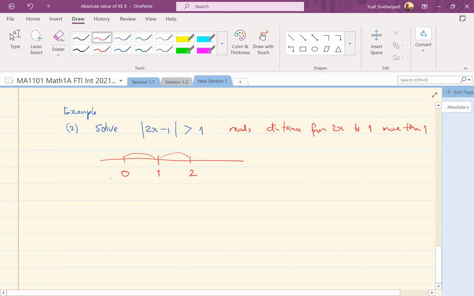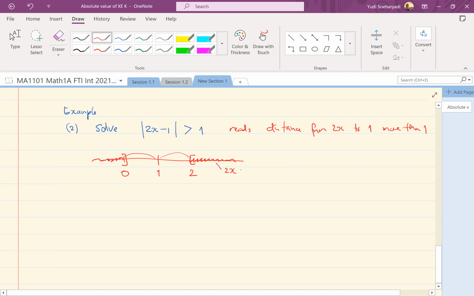So what's the solutions? Everything has distance more than 1, so that means this one or this one. But remember, what we draw here is not the x-axis, but 2x-axis.